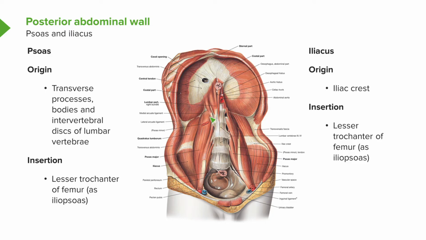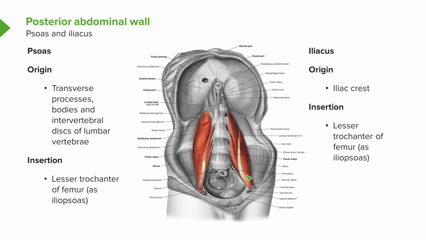If we look at psoas first, this muscle originates from the transverse processes of the lumbar vertebrae on either side. It also comes from the lumbar vertebrae's bodies and the intervertebral discs, and it's running down in this direction, both the psoas muscles running down in this direction.